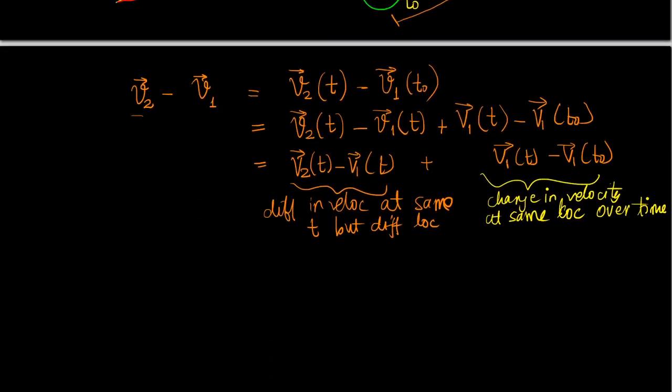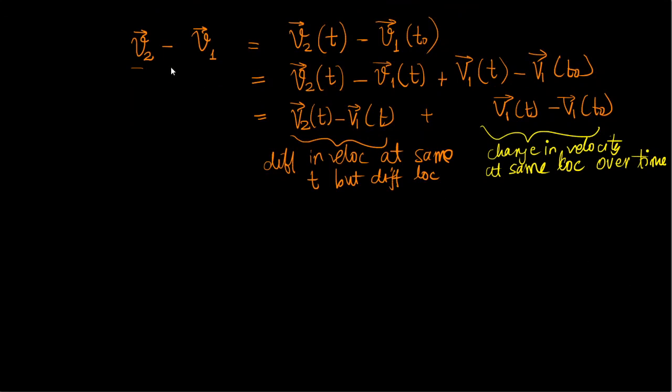Now to better understand the physical meaning of this change in velocity, let us say that you are right now at Kharagpur and you want to go to Kolkata, and at this particular point of time the humidity of Kharagpur is 20% and at Kolkata it is 50%.